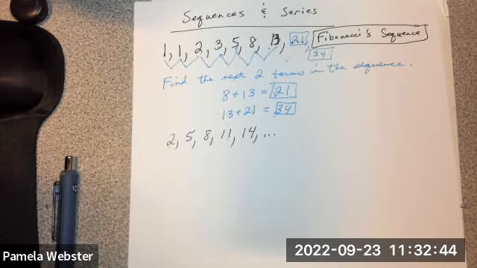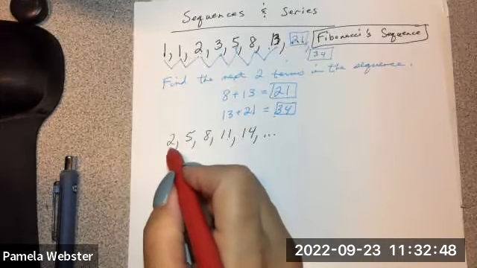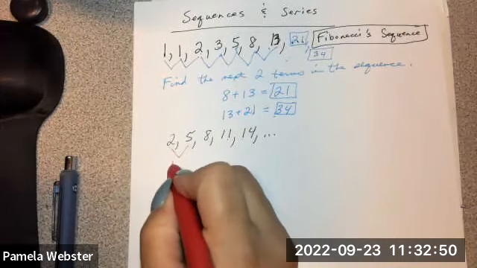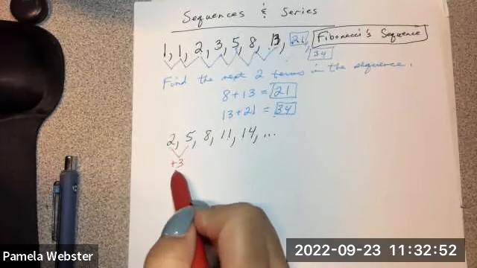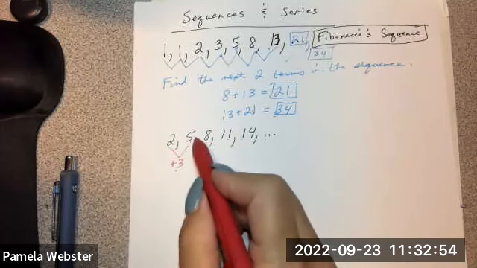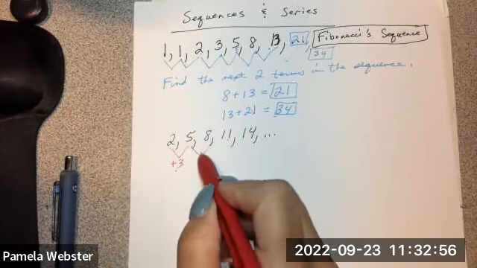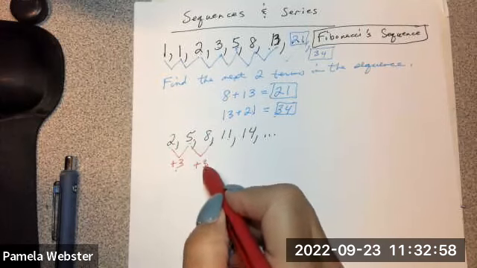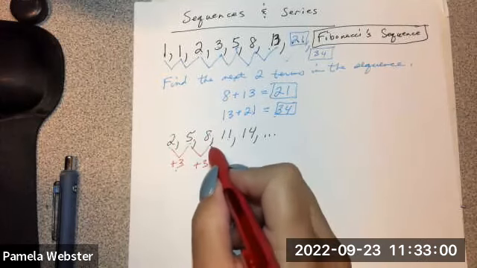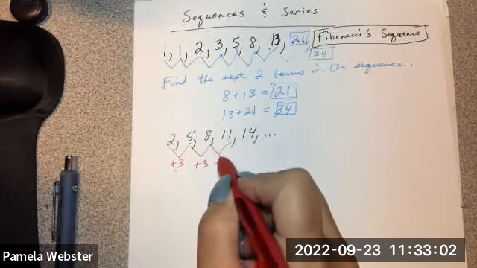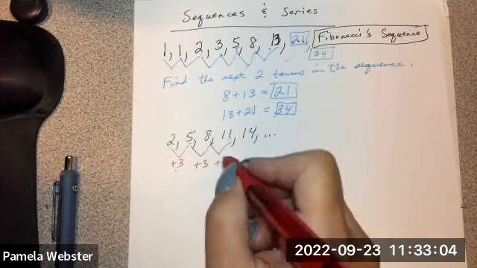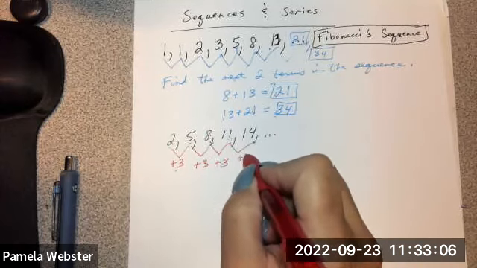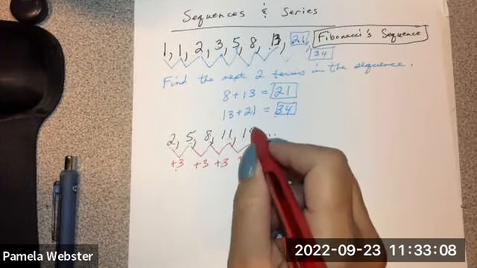It's not add the two terms together, it's add 3. 2 plus 3 gives you the 5. From this term, add 3: 5 plus 3 gives me the 8. Then 8 plus 3 gives me the 11. And 11 plus 3 equals 14.